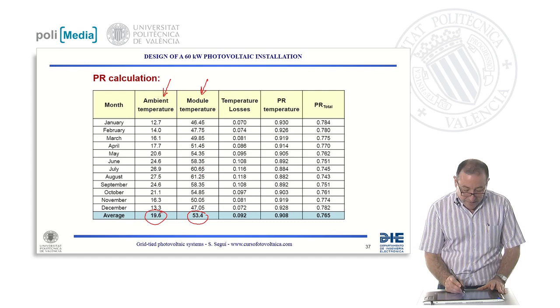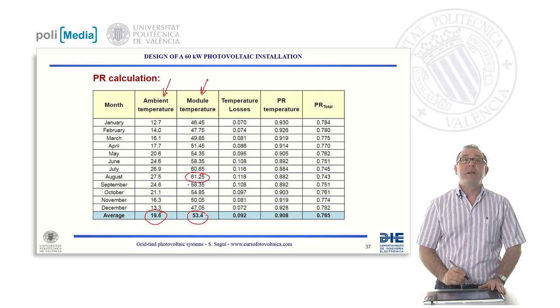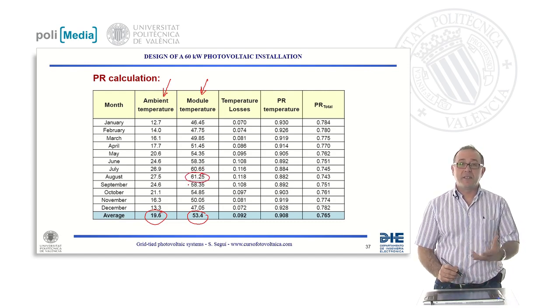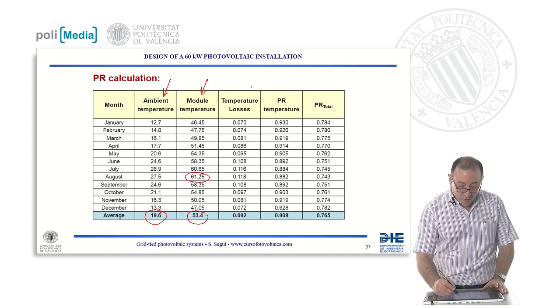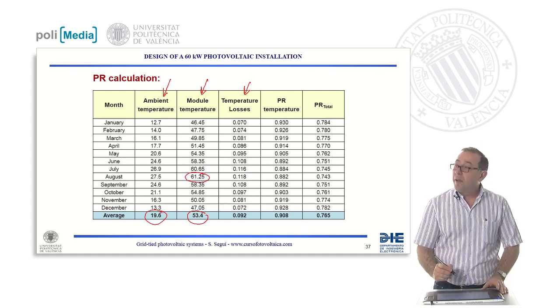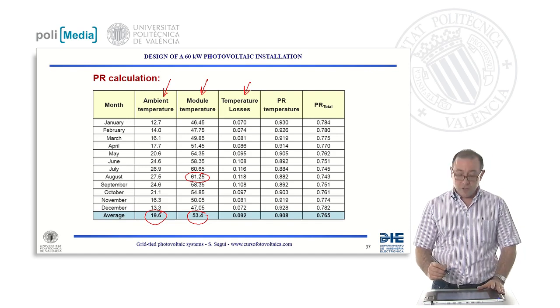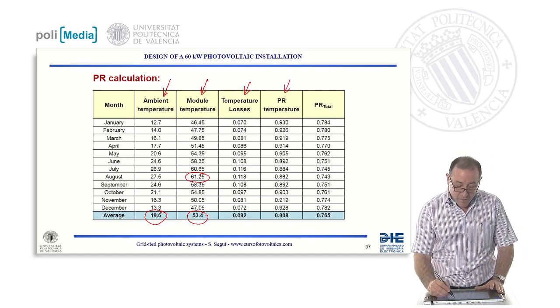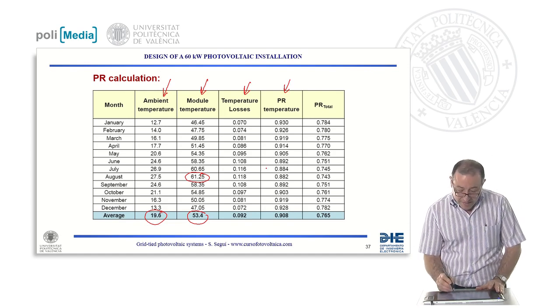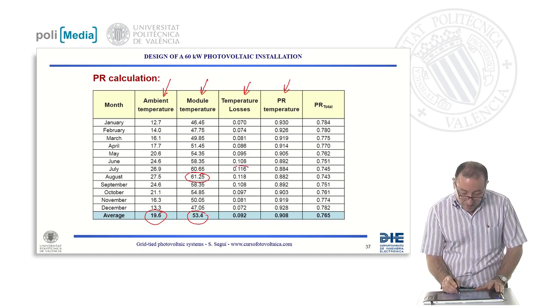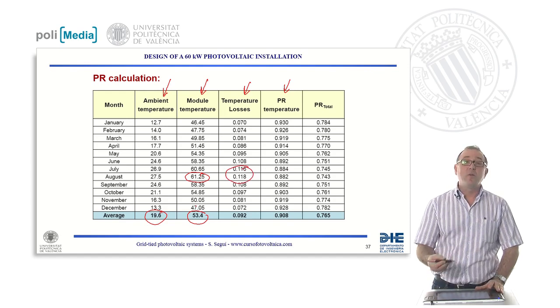You can see that in summer the temperatures are going to be higher than 60 Celsius degrees. Using the previous expressions, we are calculating the losses due to temperature and also the performance ratio due to the temperature. With these factors, we can see that the losses in summer are higher than in winter.